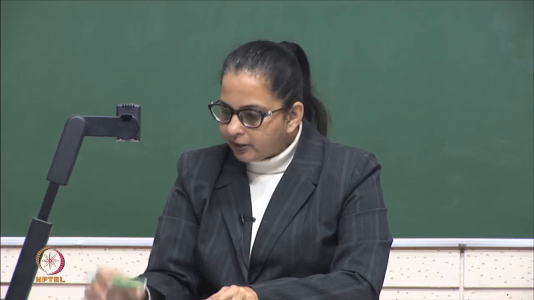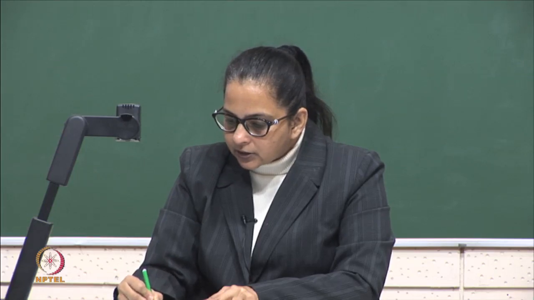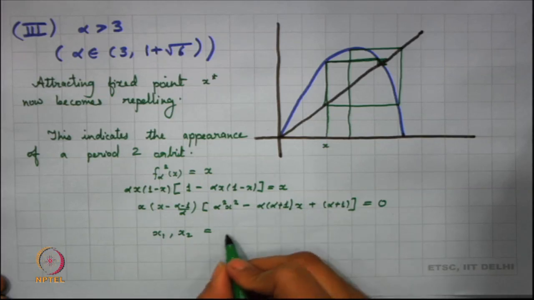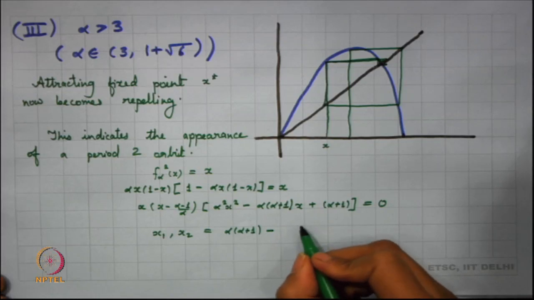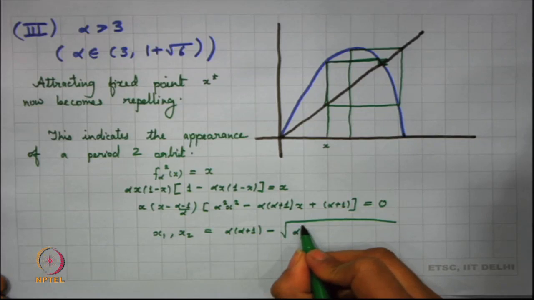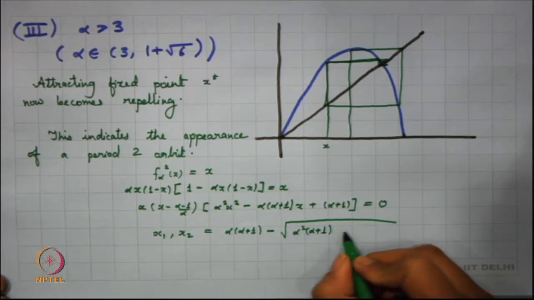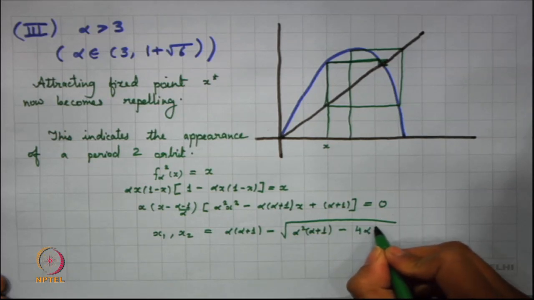If we solve it, the solution gives us 2 points x1, x2, which we can write as alpha times alpha plus 1, minus or plus the root of alpha square into alpha plus 1, minus 4 times alpha square times alpha plus 1.